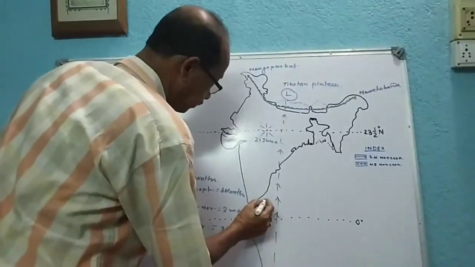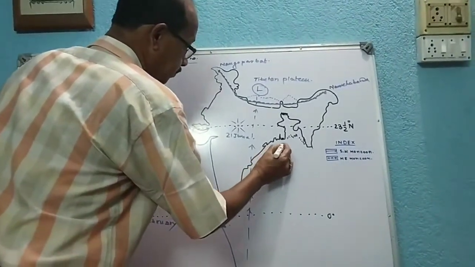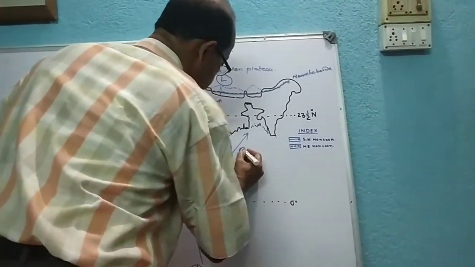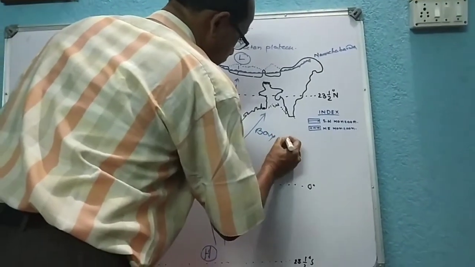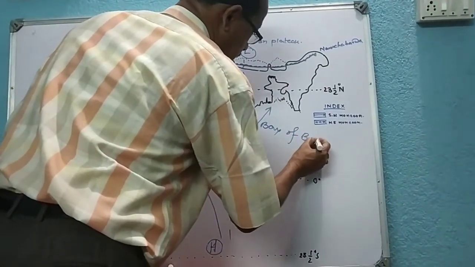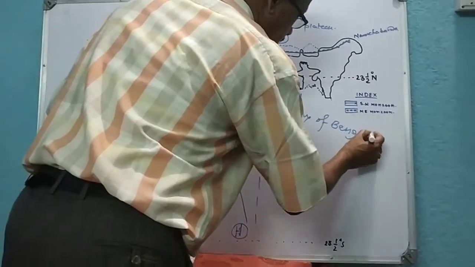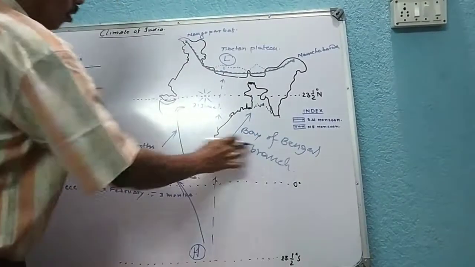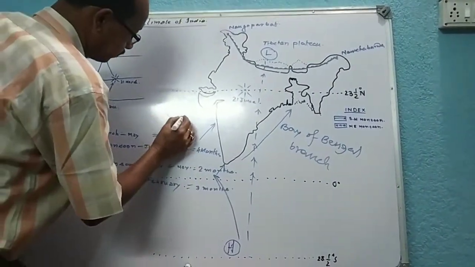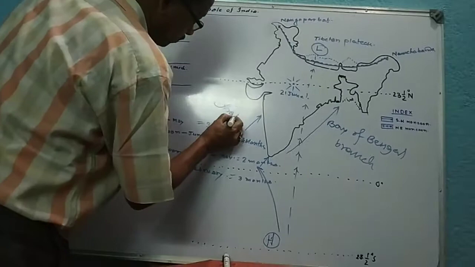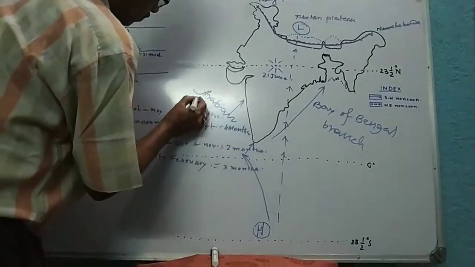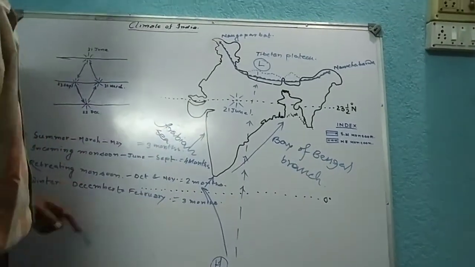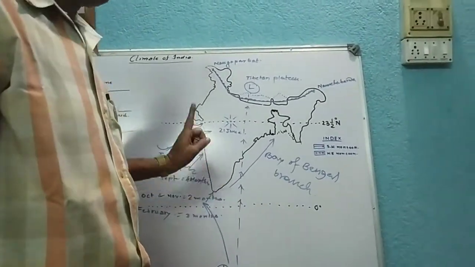Number 1, number 2. This is called the Bay of Bengal branch, and another is the Arabian Sea branch.